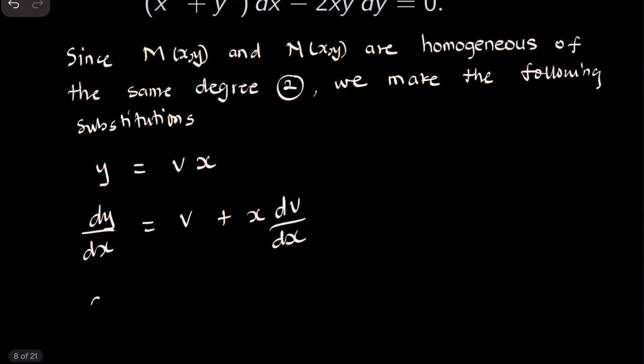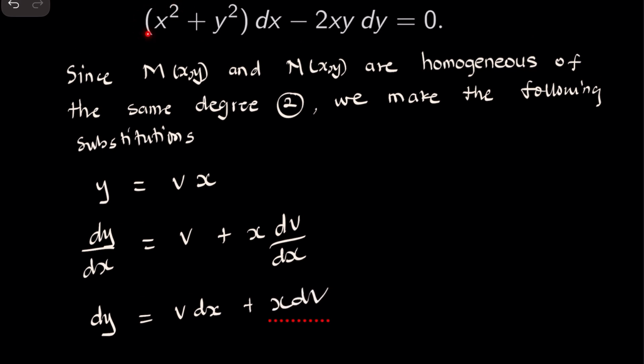Now let's find dy. We multiply through by dx, so you have v dx + x dv. In our given differential equation, wherever we see y, we write vx, and wherever we see dy, we write v dx + x dv.